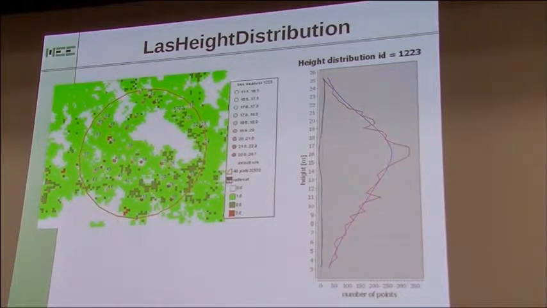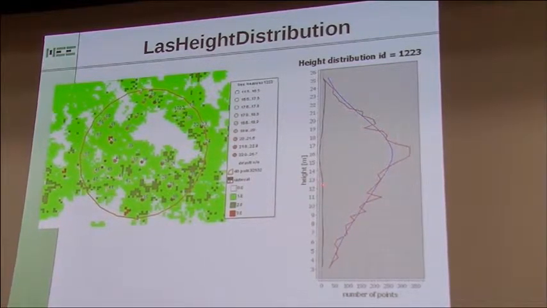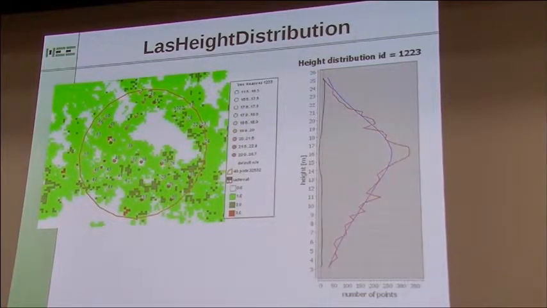The original curve is the red one, the interpolated one is the blue one, and the second derivative of the interpolated is the black one. When there are changes in the sign, positive and negative, of the second derivative, you have different layers of vegetation.